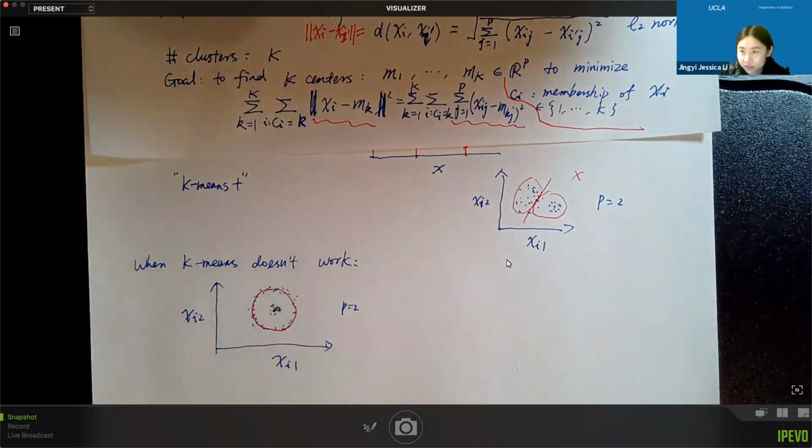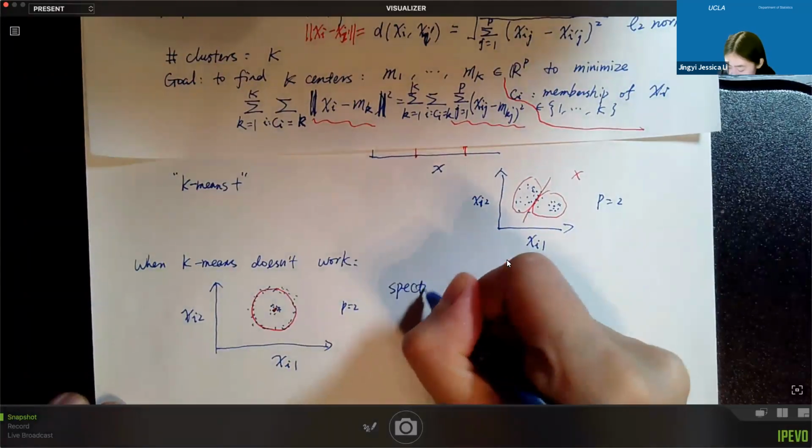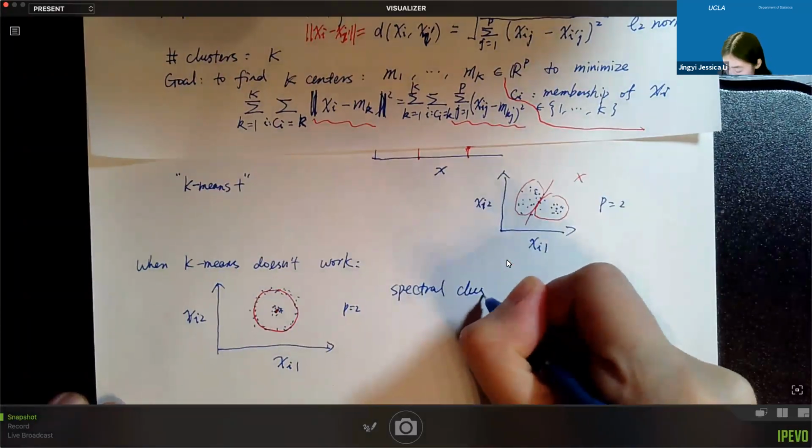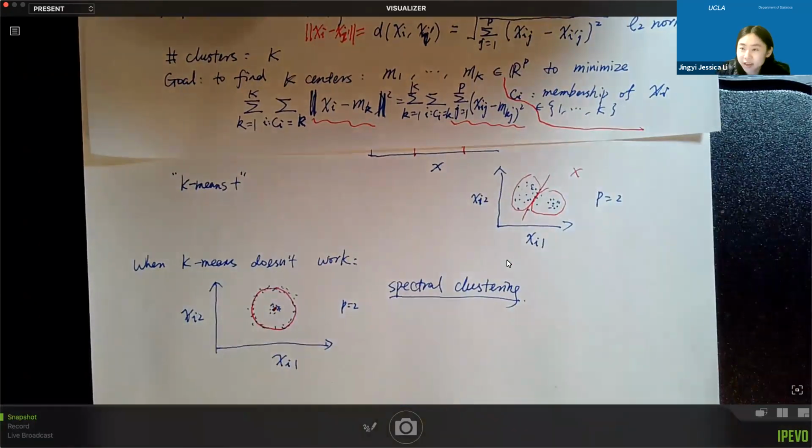So how do we address that? For this problem, we have something called spectral clustering. We're not going to introduce it in this class because spectral clustering requires some knowledge about matrices, eigenvalues, eigenvectors, those kinds of things.